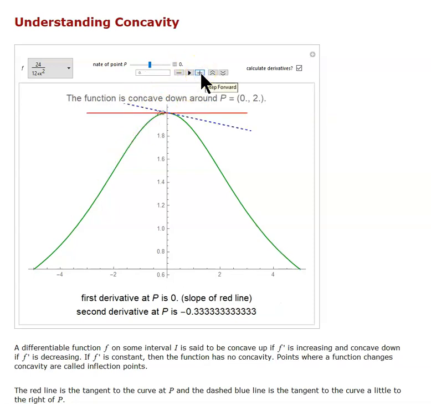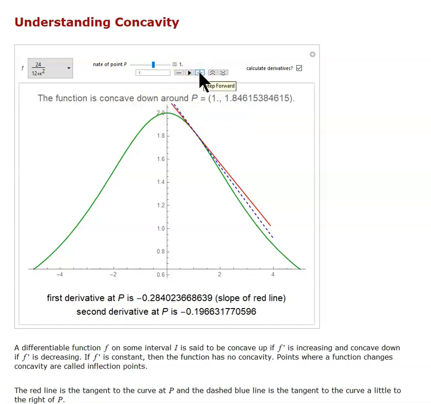We continue around. It's very clear that the derivative is decreasing. The slope of the blue line segment is less than the slope of the red. Continuing around, we can still see the slope of the blue line segment is less than the slope of the red.